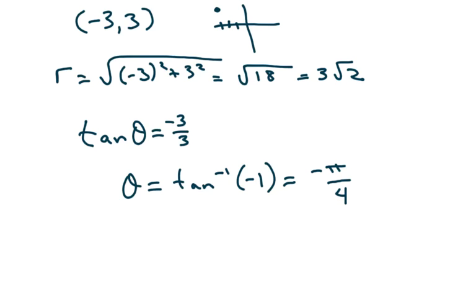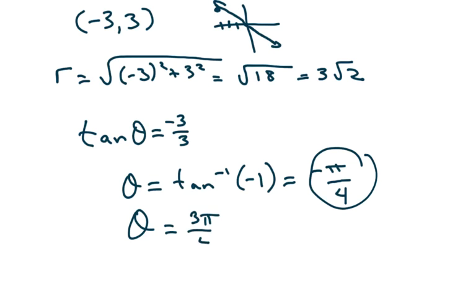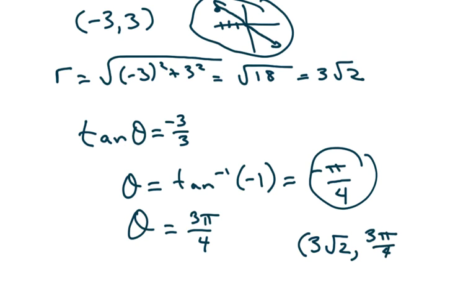However, negative pi over 4 is down here. So since we're in quadrant 2, we're going to have to add pi to get it back up here. So our angle is actually going to be 3 pi over 4. So you have to always look and see where this lives to get it. So we've got our r is 3 square root of 2, and our angle is 3 pi over 4.